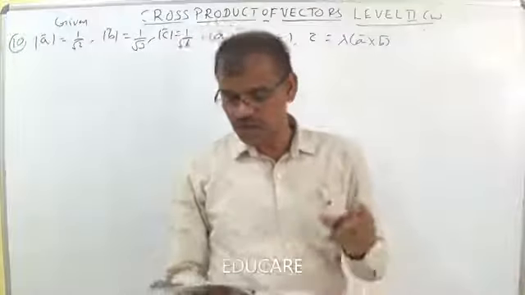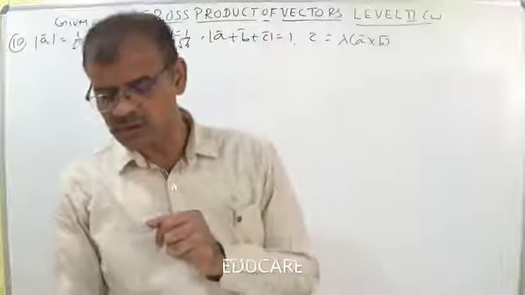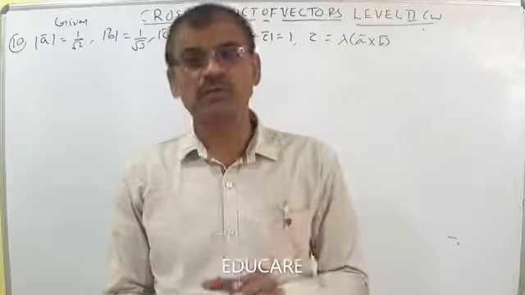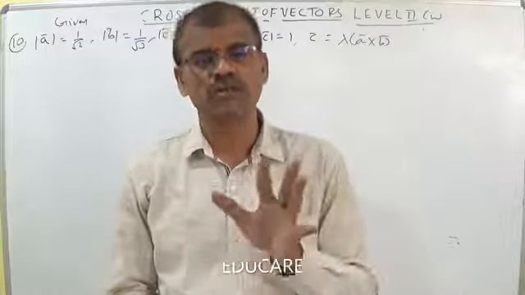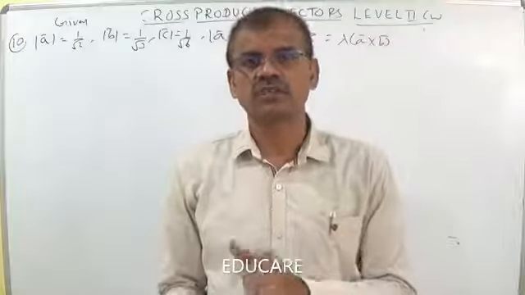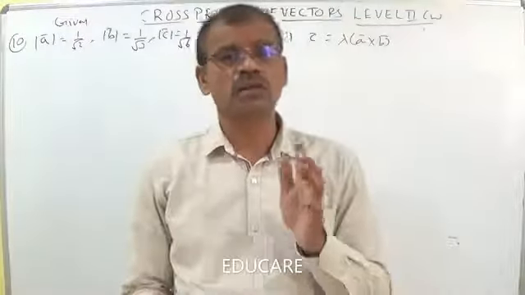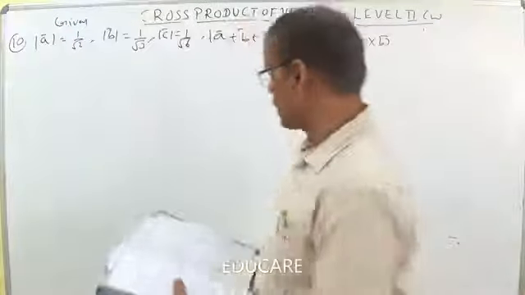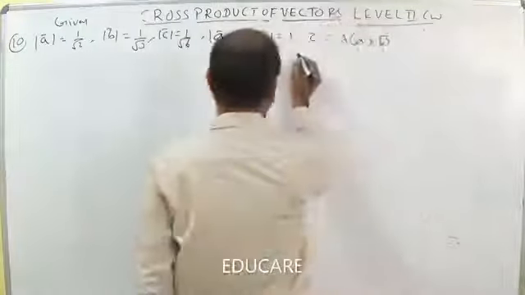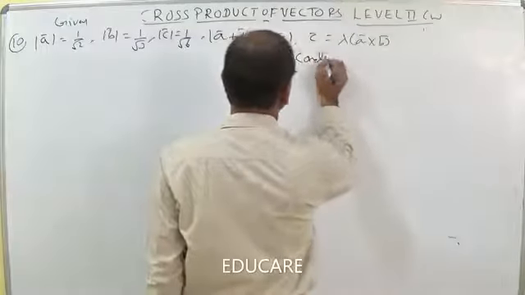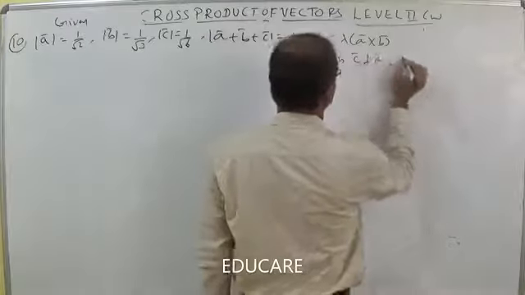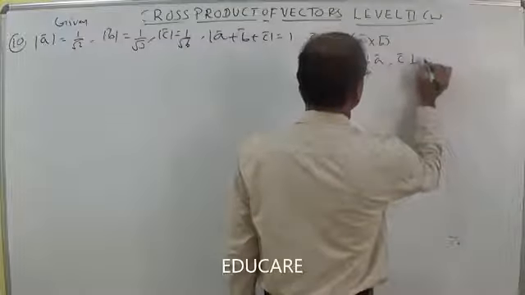We can say that here, from the given data, C bar is equal to lambda into A cross B. So C bar is parallel to the vector A cross B. That means C bar is perpendicular to A and C bar is perpendicular to B. That is the condition here. Condition: C bar is perpendicular to A, and C bar is perpendicular to B.